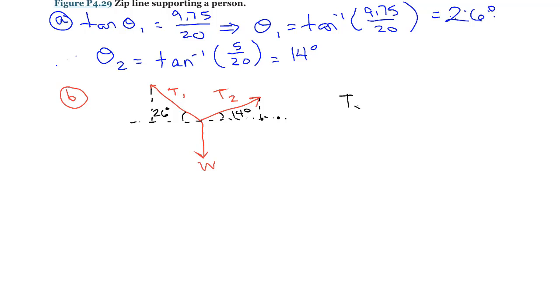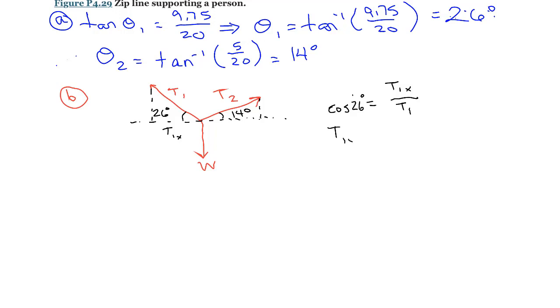This is T1 in the X direction. It's going to be equal to the adjacent over hypotenuse. I'm going to find T1x. I know the cosine of 26 degrees, because I want the X value, is equal to the adjacent, which I call T1x, divided by the hypotenuse, which is T1.